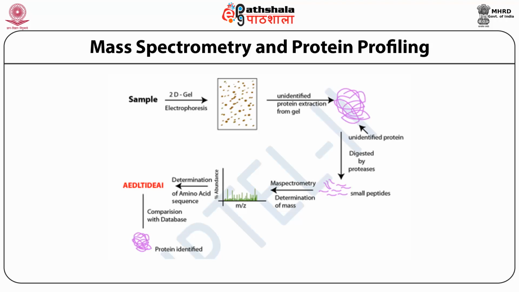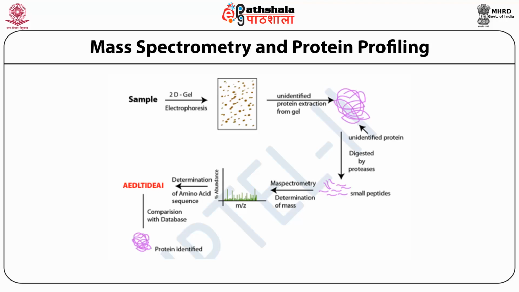In peptide mass fingerprinting, as we can see in the picture, we can have various masses of those peptides in a graphical way, and after the determination of those masses, we can determine the amino acid sequences. These amino acid sequences can be compared with the databases, which include a large number of proteins.